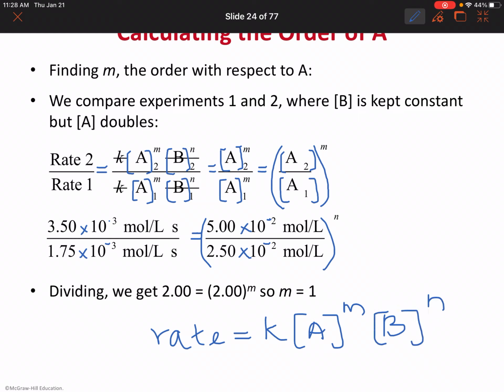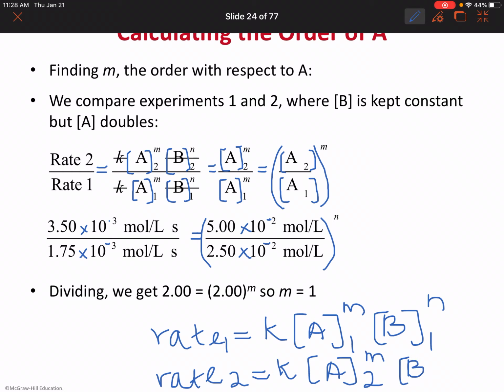Now we have 4 different reactions. For each and every one, the rate constant is going to be the same for all. So for rate 1 we write k with the concentration of A and B for the first trial. And for rate 2, we write k, the concentration of A for the second trial, and the concentration of B for the second trial.